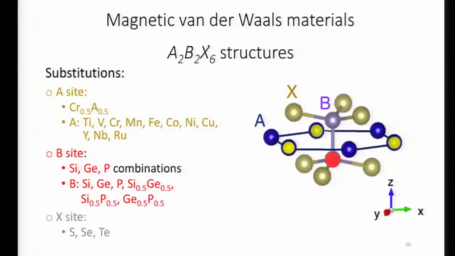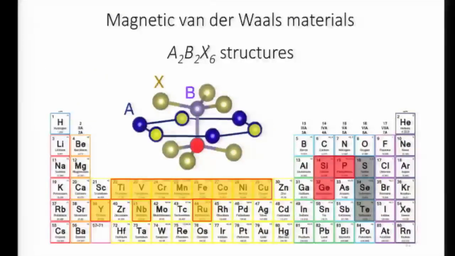And the X sites are either tellurium, selenium, or sulfur. This is a viewgraph showing you where the atomic substitutions live on the periodic table. These are the transition metal substitutions. These are the B site substitutions, and these are the X site substitutions.